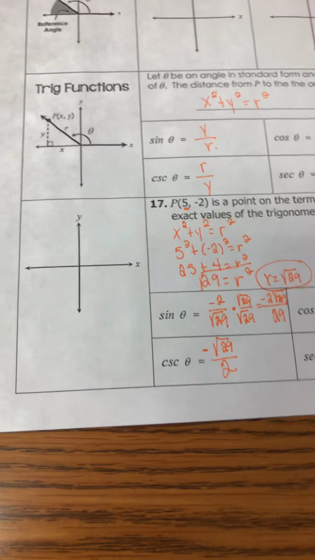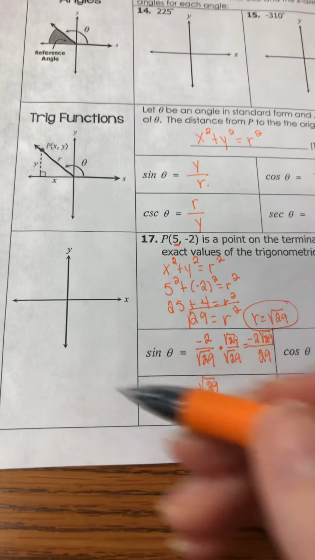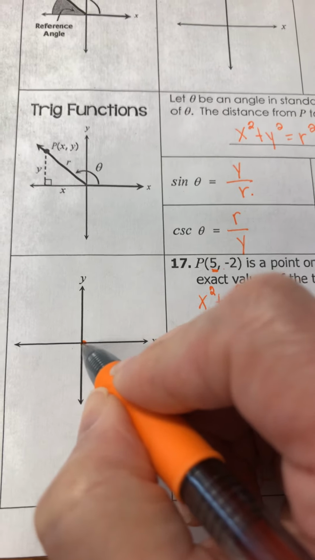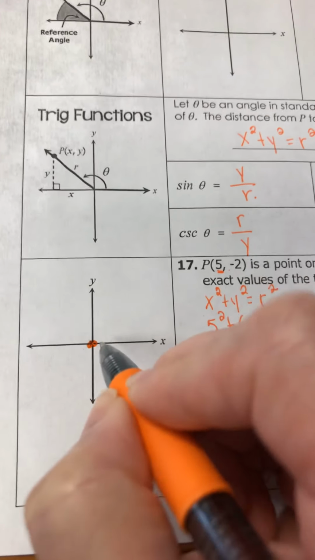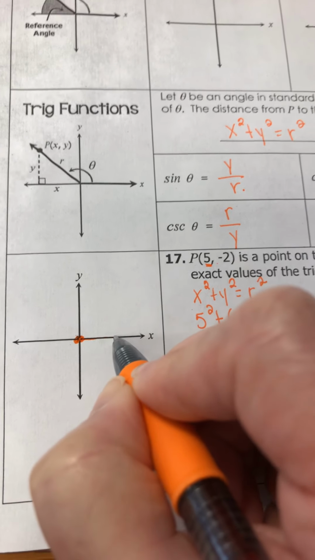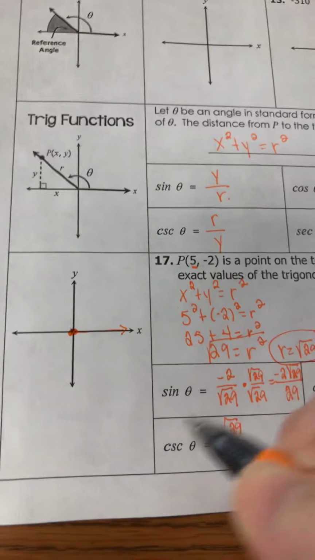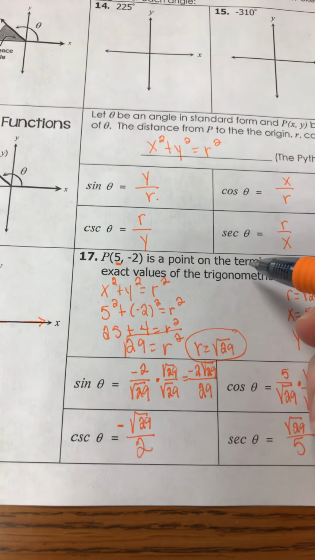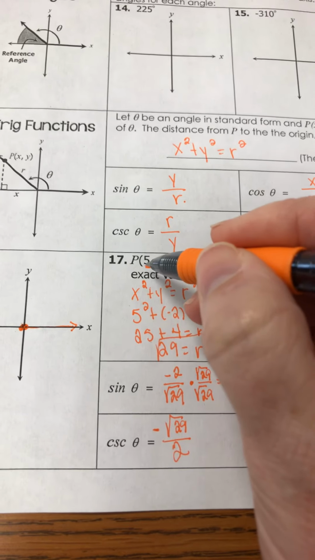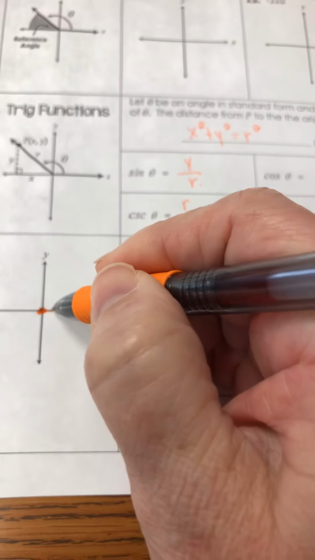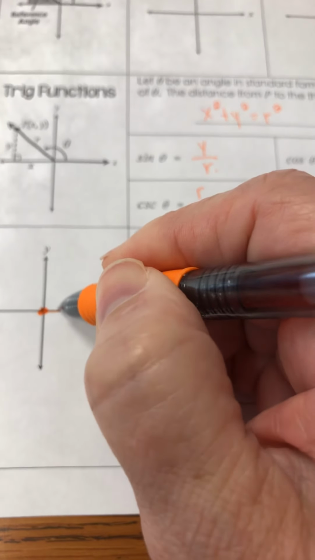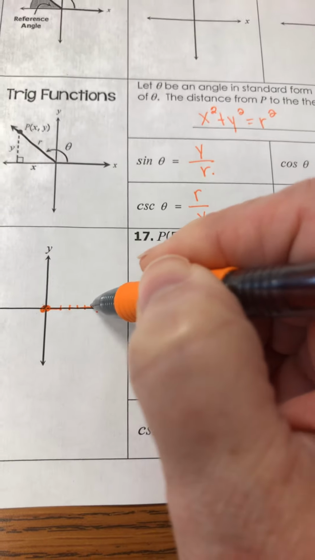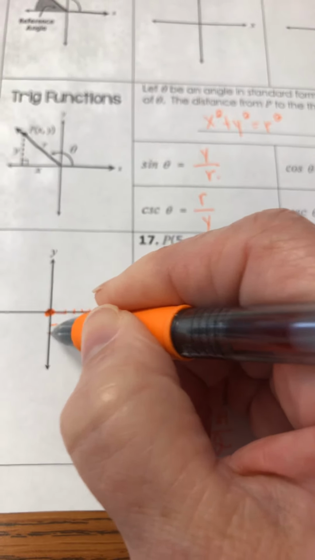Now, if we go over here and try to draw this, we know the initial side, because this is standard position, has to start at the origin and extend on the positive x-axis. Now the terminal side is going to pass through the point 5 and negative 2. So that's positive 5: 1, 2, 3, 4, 5, and negative 2: 1, 2.